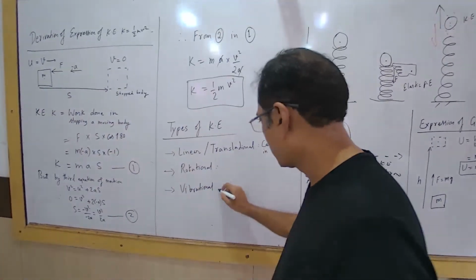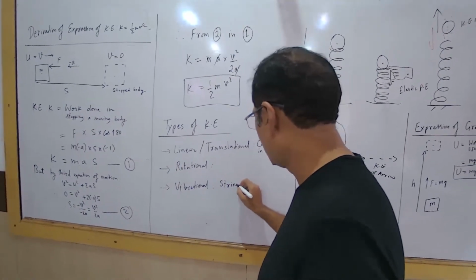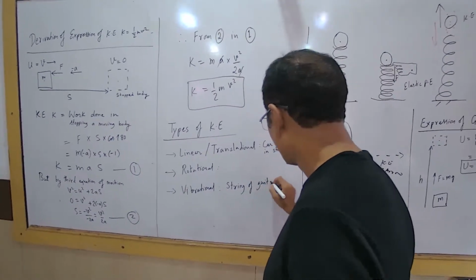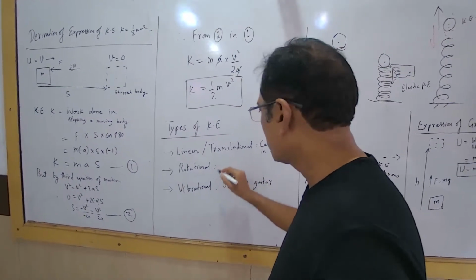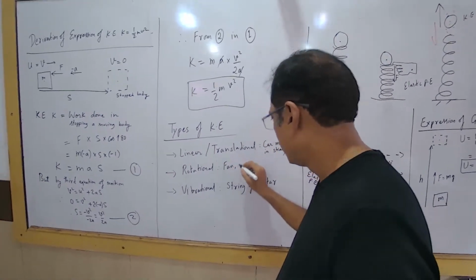Strings of a guitar, correct. Anything which is vibrating. Another example of rotational? The wheel of a car.